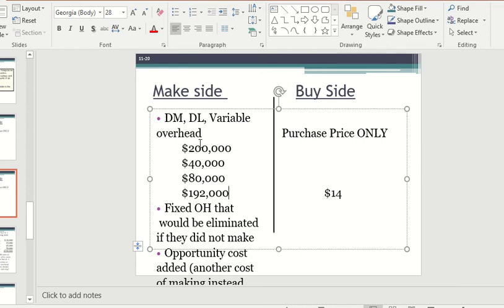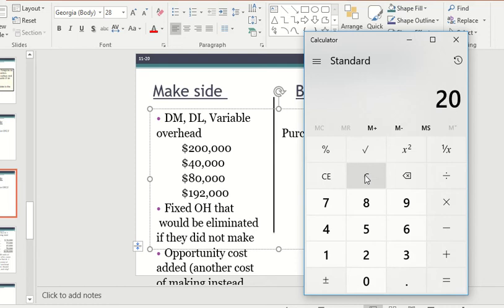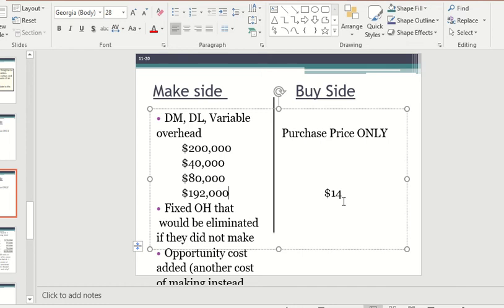So I could sum that up. This would be 200,000 plus 40, plus 80, plus 192. That's 512, no opportunity cost that I can see. And then how many were they purchasing?